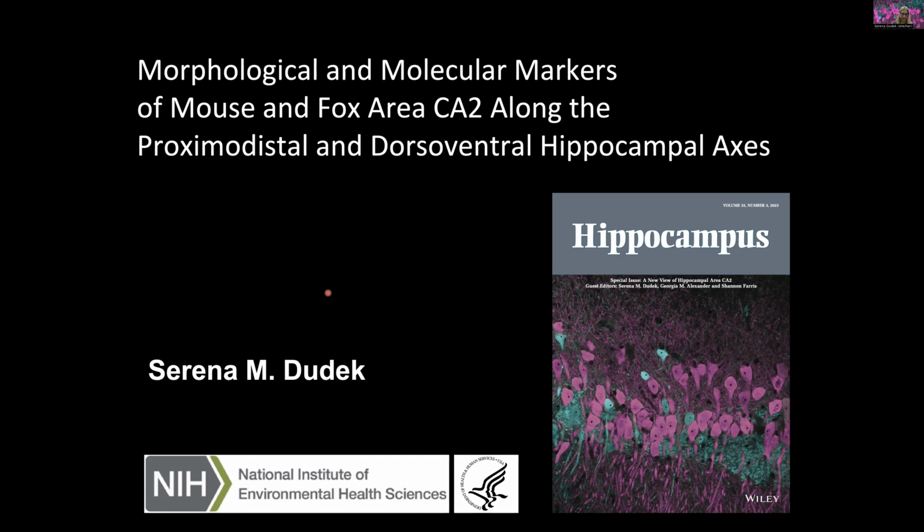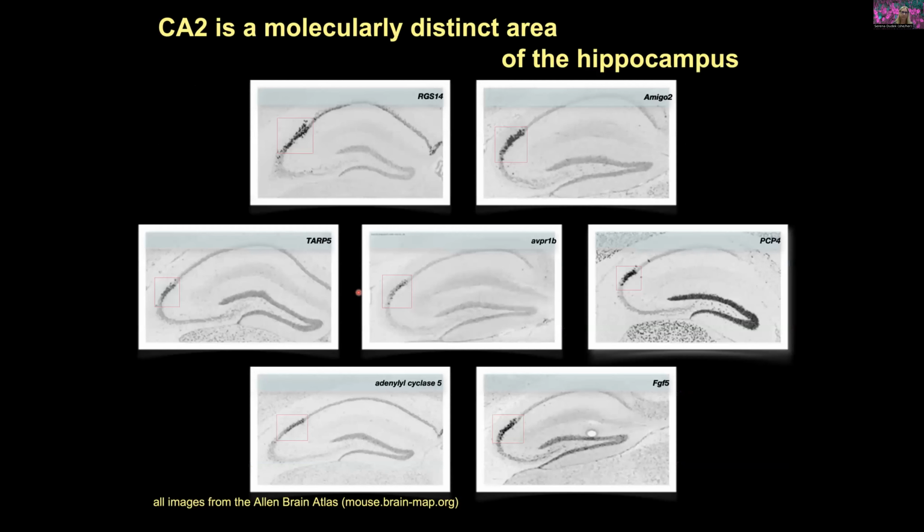Okay, there we go. So really, I think some of us in the field had noted that CA2 was a molecularly distinct part of the hippocampus, and through the years there had been a few papers on FGF and NT3, some neurotrophic factors that were enriched in an area that probably was CA2.